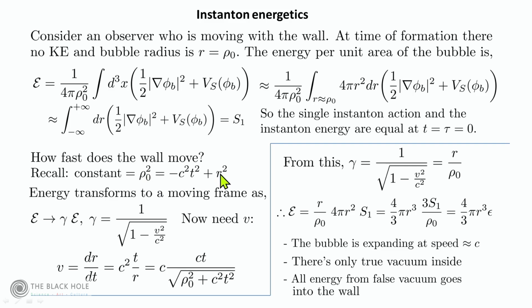However, R has to increase with time to keep this constant. So R squared is equal to C squared T squared plus rho naught squared. So it's expanding in our 3-dimensional world.